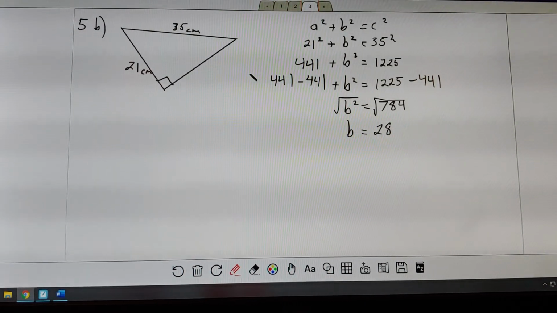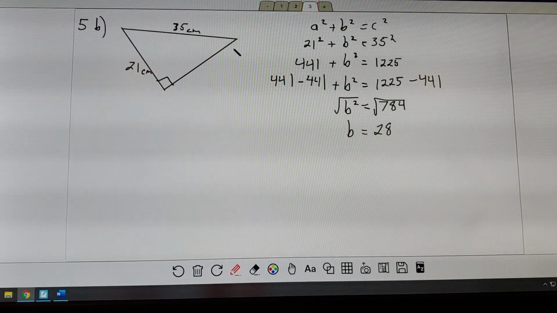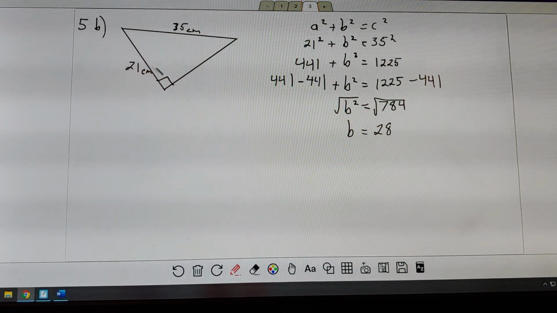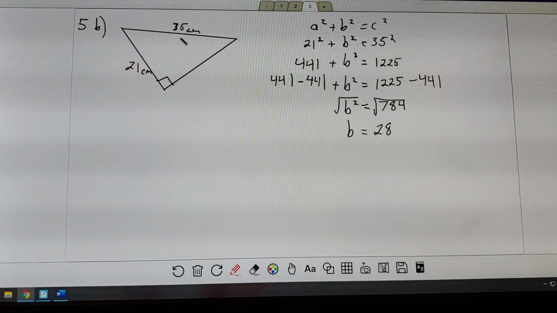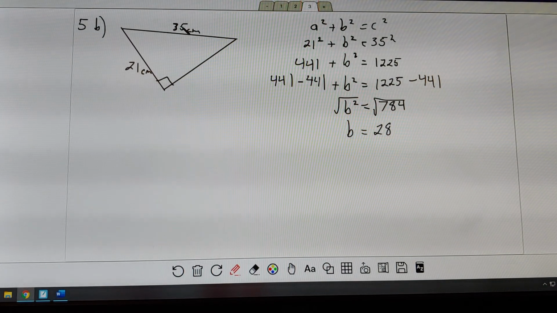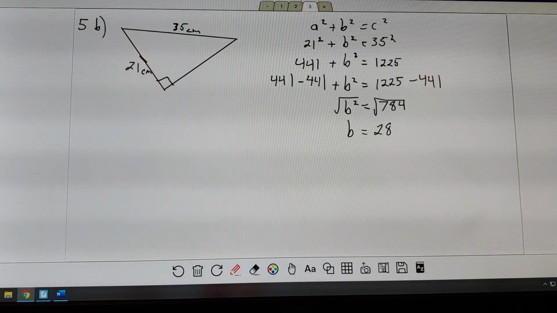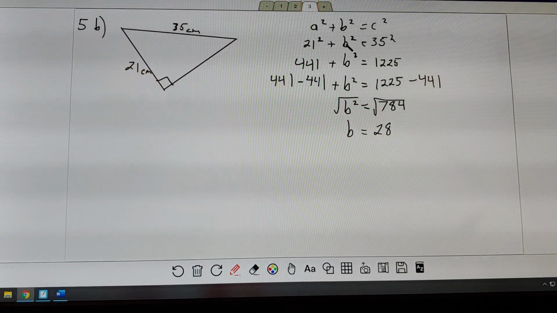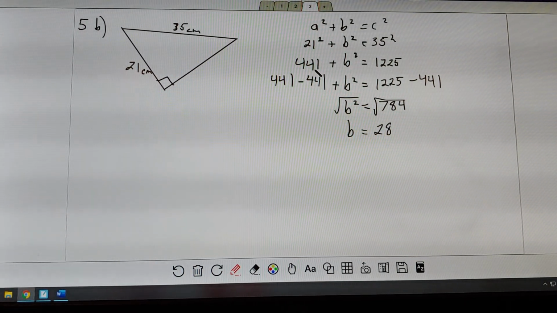And then I chose 5B because they have one of this side missing. And again, what side is that? Well, A and B are the two shortest sides that touch the 90-degree angle. C is the longest side that's diagonally opposite that 90-degree angle. So that's C. This can be A or B. So I threw in 21 for A. B is our unknown. 35 is C. Squared them for 1,225, 441.